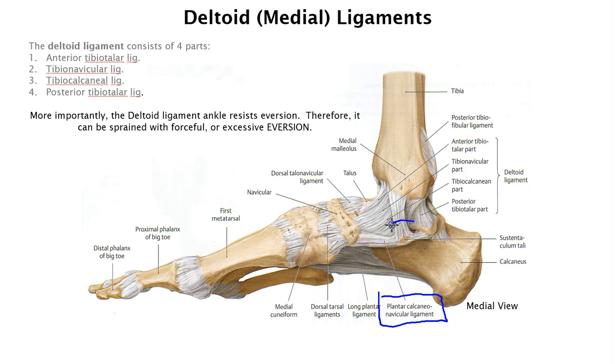Here you can see that it's connecting the sustentaculum tali of the calcaneus to the navicular bone. And this ligament helps to hold up the arch of the foot. Without this ligament, either because it's been ruptured or more commonly because it's been stretched out, this arch falls, thus reducing the structural integrity of this arch.